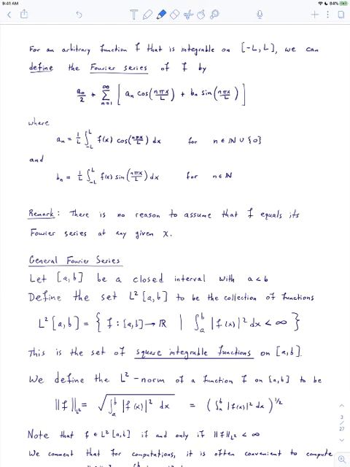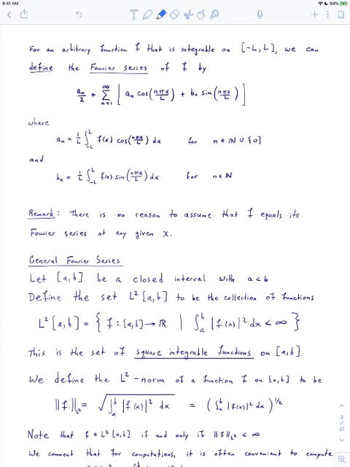Before, we were identifying a pre-existing an using some integration technique. Now, instead of identifying a pre-existing an and bn, we're defining a new an and a new bn to be equal to whatever these integrals are. So we're given a function f, and we're defining a new function, which we're calling the Fourier series of f.